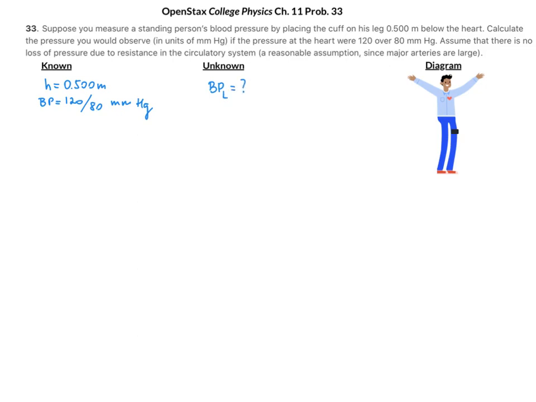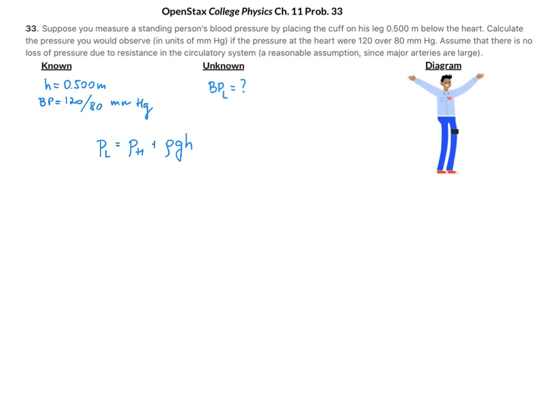All right, so we have to consider here that pressure changes with depth, or changes with height. So pressure at the leg level is going to be equal to pressure at the heart level plus rho g h.